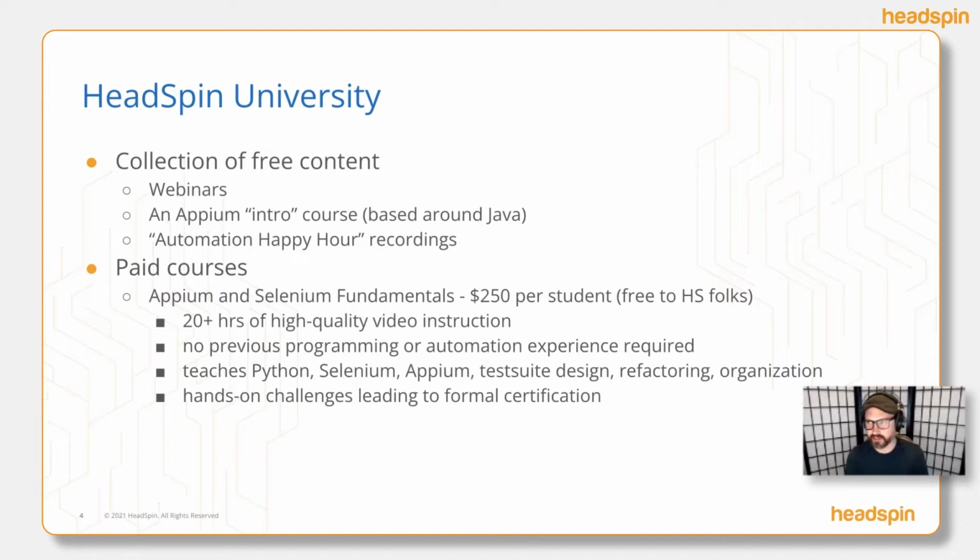And one of the reasons for that standard and for it being evaluated at all is that when you complete all the challenges, you get a certification. So you become a HeadSpin University certified automation engineer through this course. And we wanted that certification to mean something. And that's another reason for these challenges.